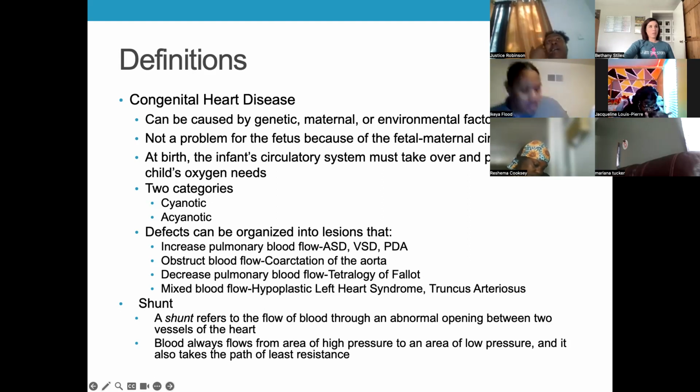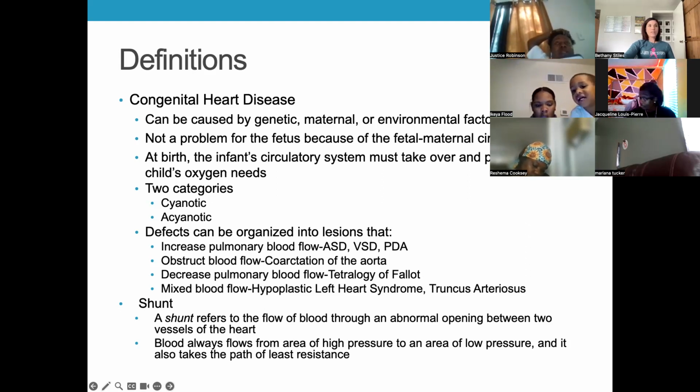We're going to talk about that one a lot because there are some certain interventions that we need to remember. And then mixed blood flow is going to be our hypoplastic left heart syndrome, where our left ventricle doesn't form, or our truncus arteriosus, where we get this really wide vessel instead of differentiating between our 2 different vessels.